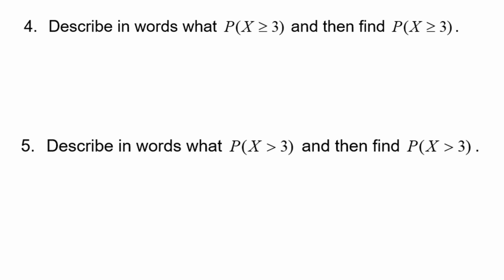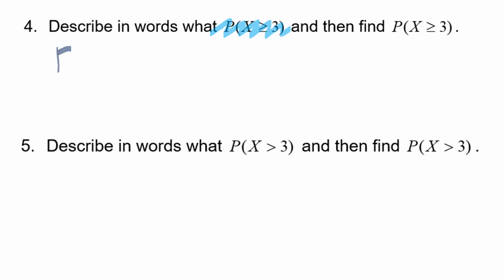So this is the probability that x is greater than or equal to 3. If I'm trying to specify it for this problem, I would say that it is the probability that a randomly chosen student has 3 or more children in their family. That is everything that the AP exam would want to see if you were trying to describe what that means.